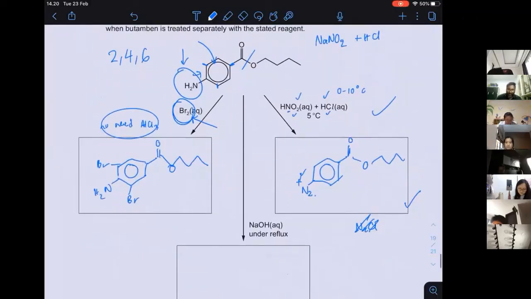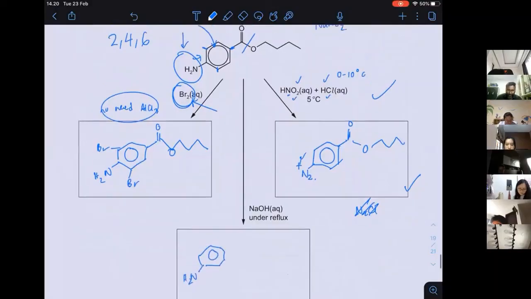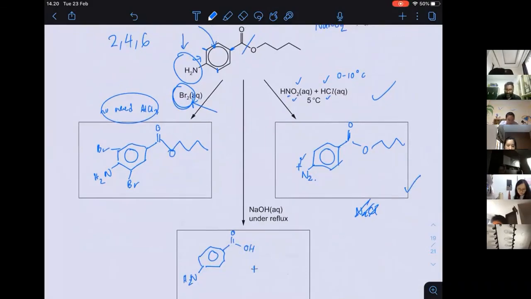One is going to be this one. You can draw properly, I'm just roughly drawing. So I have this, and then OH. And then here you have another one which is going to be OH, then something like this.